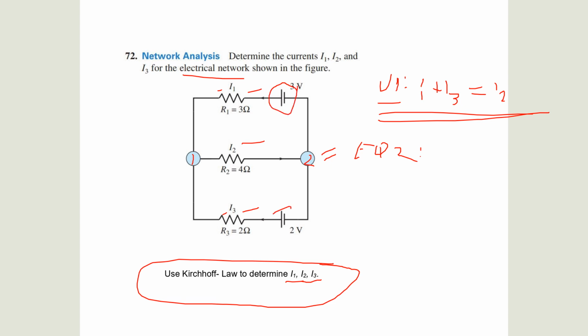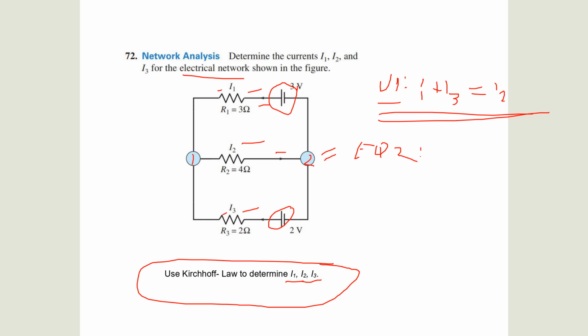There are two batteries, right? Because 3 volts and 2 volts. To get the equation of the voltage, we also need to observe the direction.